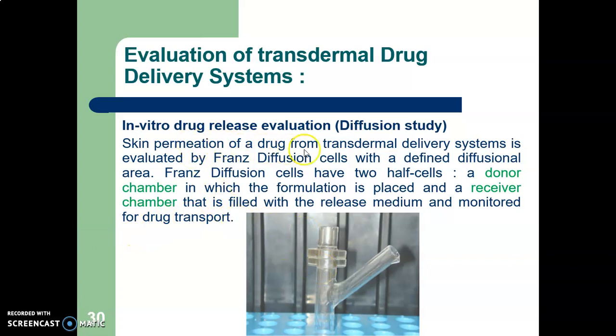The skin permeation of a drug from transdermal systems is evaluated by Franz diffusion cells with a defined surface area. Franz diffusion cells have two halves: one is the donor compartment and the other is the receiver compartment. The donor chamber is where the formulation is placed. The top one is the donor compartment, and the receiver chamber is filled with the release medium and monitored for drug transport.